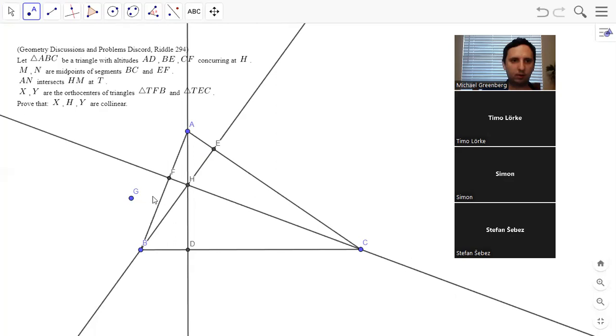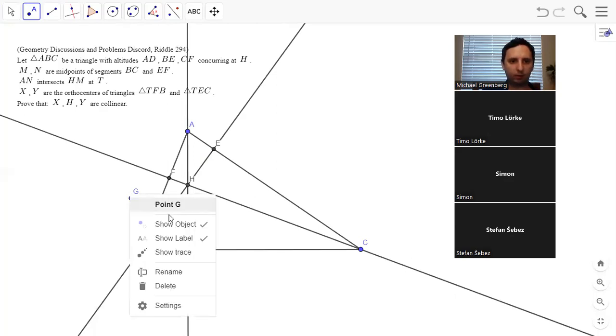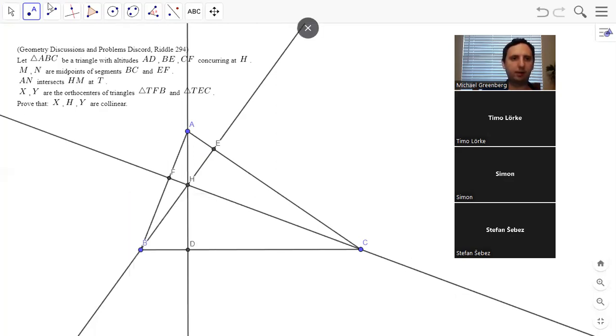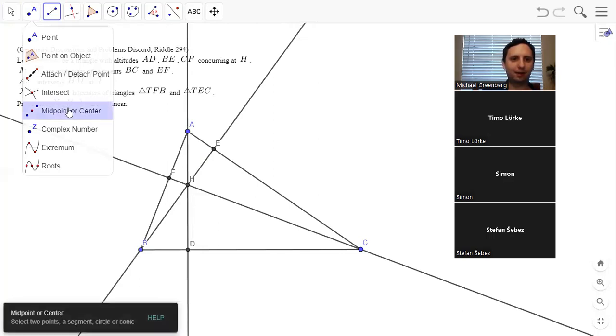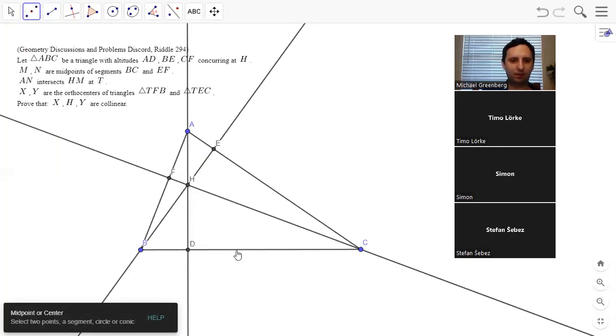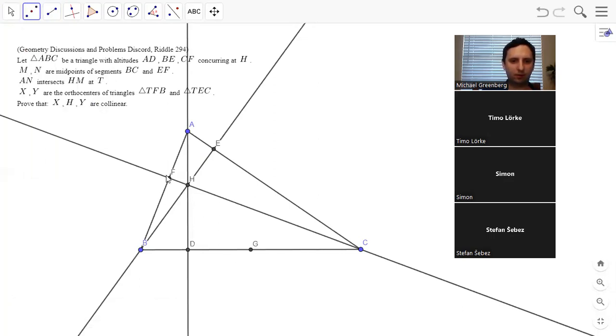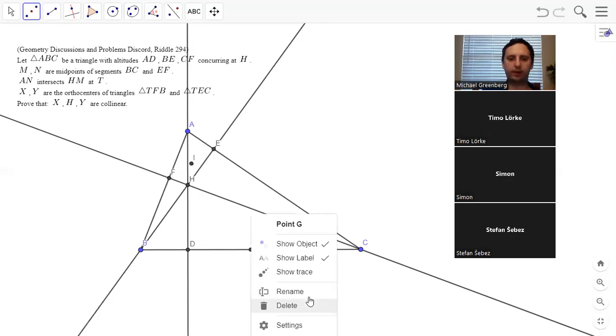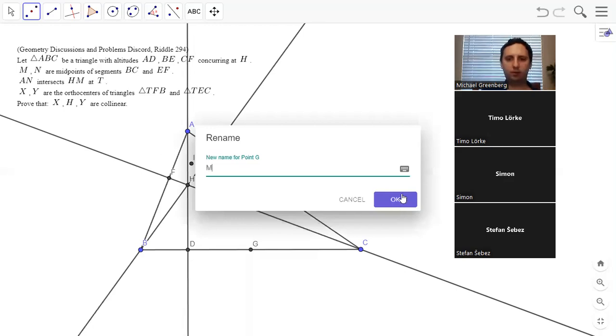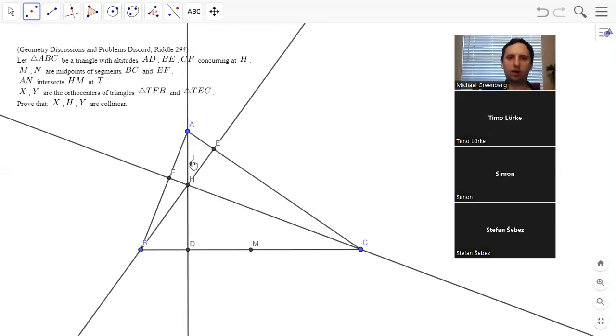H. M and N are the midpoints of BC and EF. So MN is perpendicular to EF, since BFEC is cyclic.